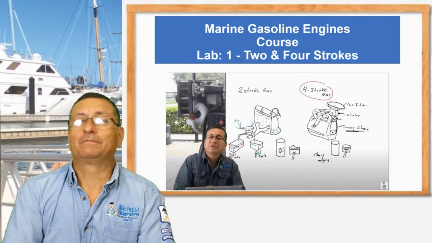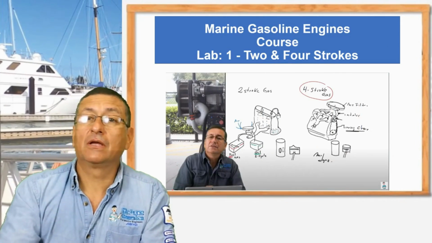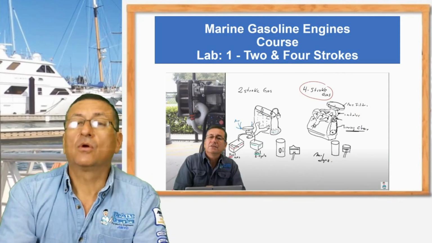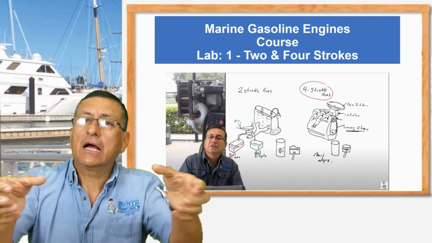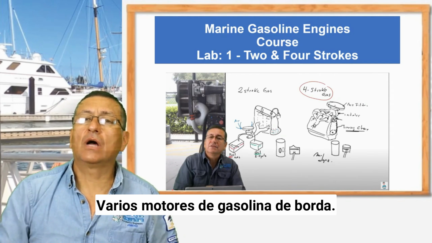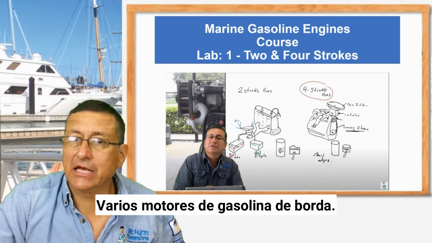Okay, my friend. For that reason, in the lab with your instructor, we are going to remove the intake manifold and the heads for a couple of inboard gasoline engines.